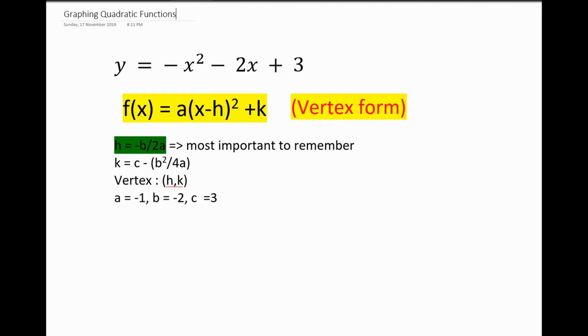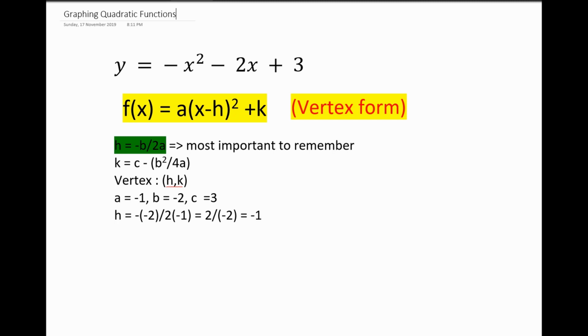Now we can identify that a is equal to negative 1, b is equal to negative 2, and c is equal to 3. Using the formula of h, we substitute a, b, and c. This will be negative of negative 2 divided by 2 times negative 1, which will result to negative 1. So we now know our h as negative 1.